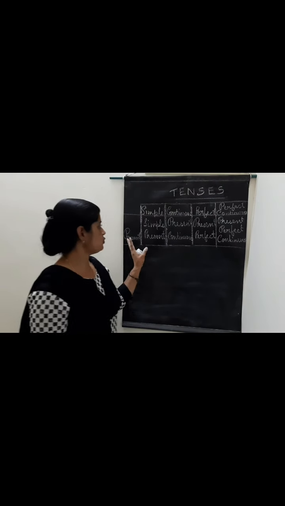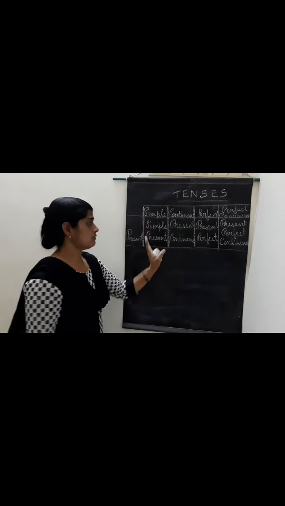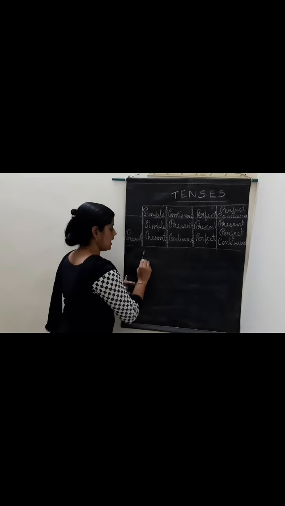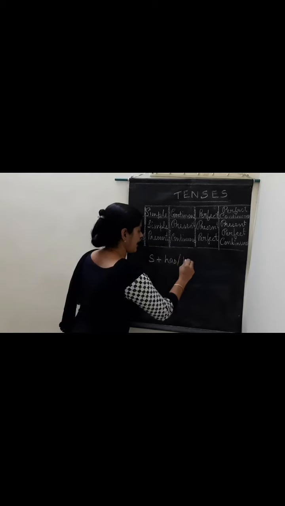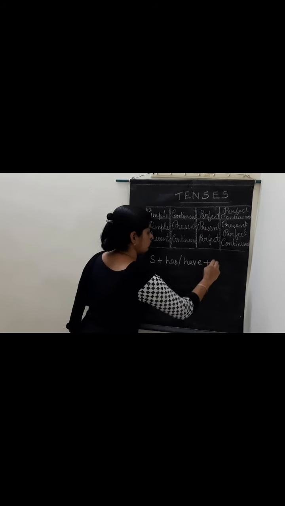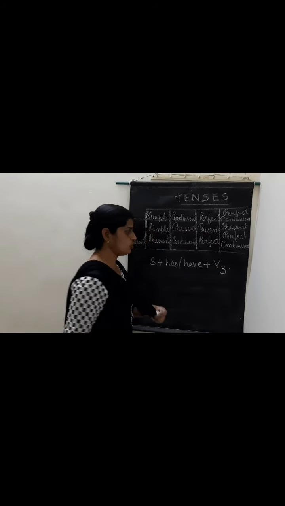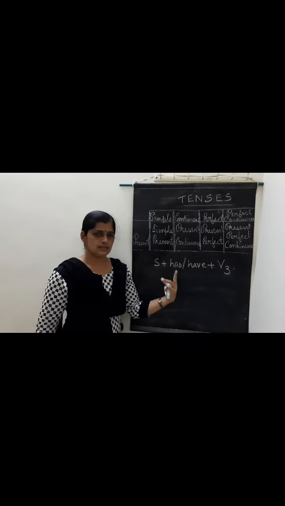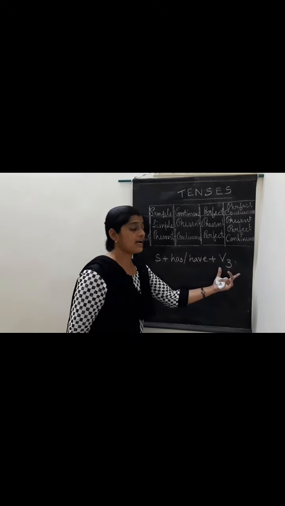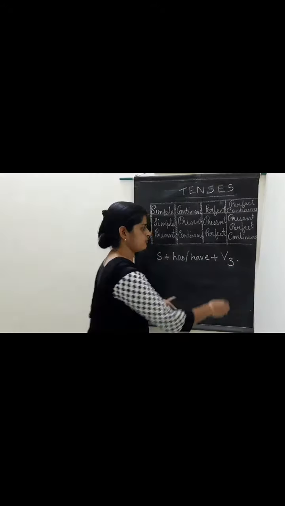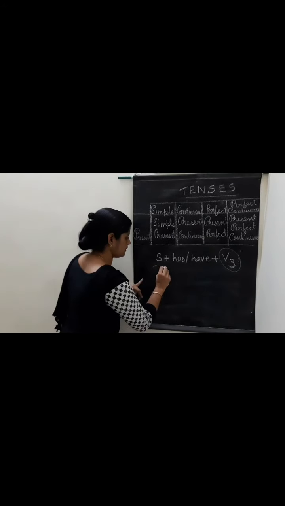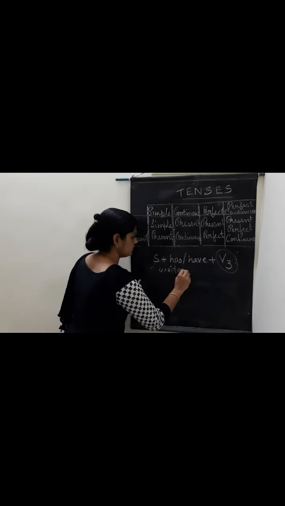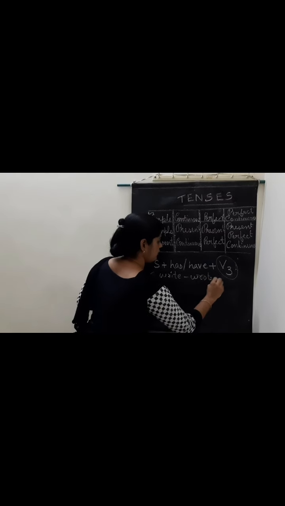One more thing, the form of present perfect is subject plus has or have plus V3 form. As I told you, a verb has got three forms: present, past and past participle form, that is the V3 form. For example, write, wrote, written.